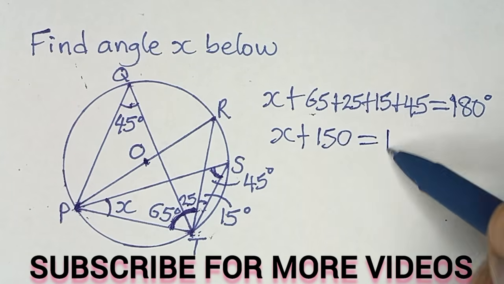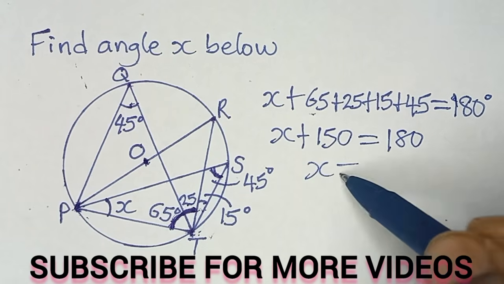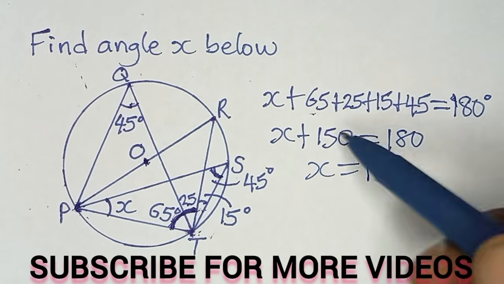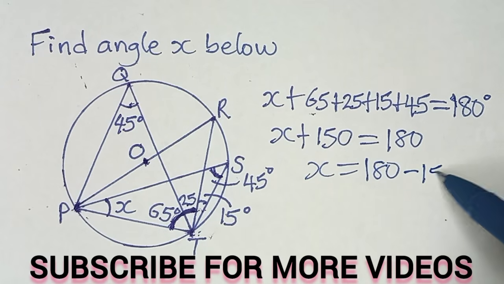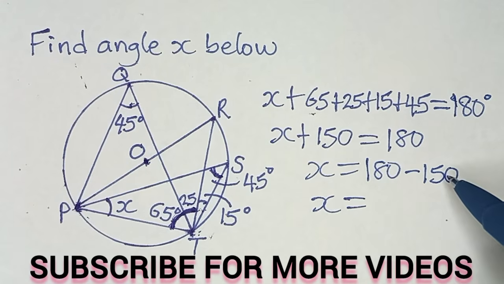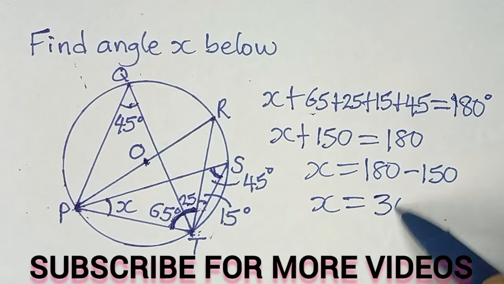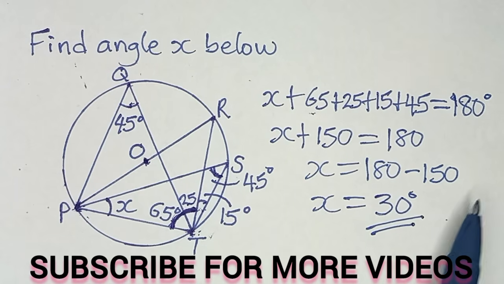And that is equal to 180. So X is equal to 180, and when this plus 150 comes to this side, it becomes minus 150. Finally, the value of angle X is 180 minus 150, which is 30 degrees. So angle X is simply 30 degrees as the final answer.